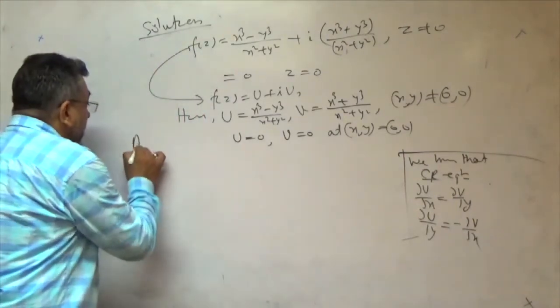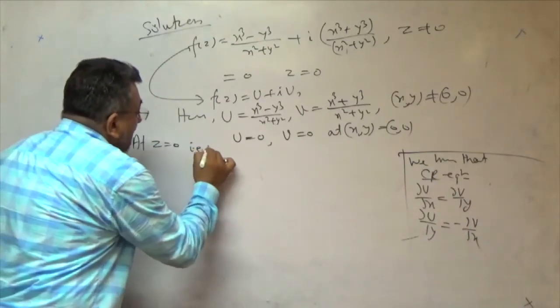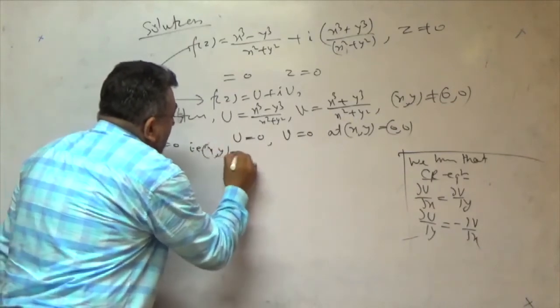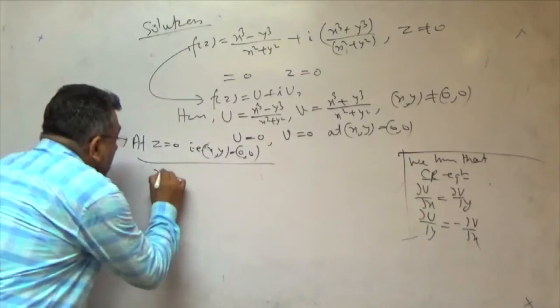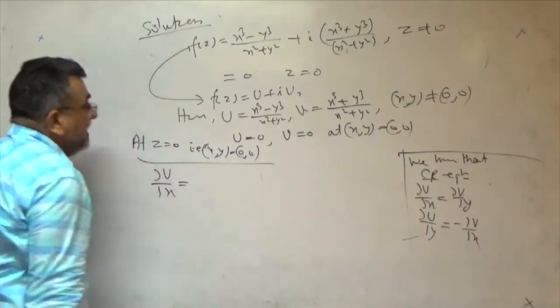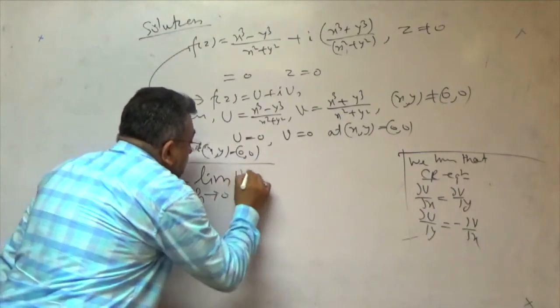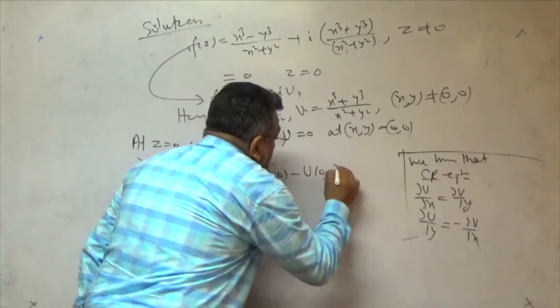So first we calculate at z equal to 0, which means at xy equal to 0, 0. By the first principle definition, del u by del x is the limit h tending to 0 of u(0 plus h, 0) minus u(0, 0) upon h.